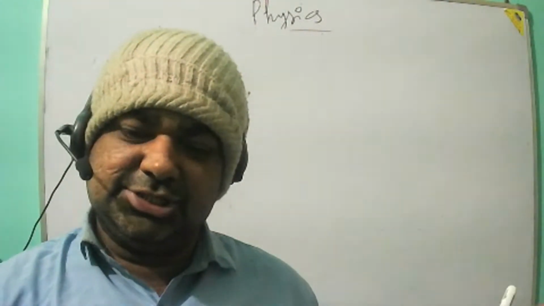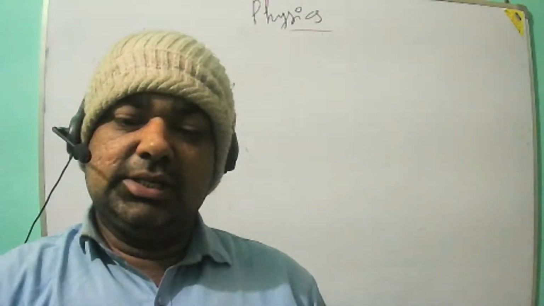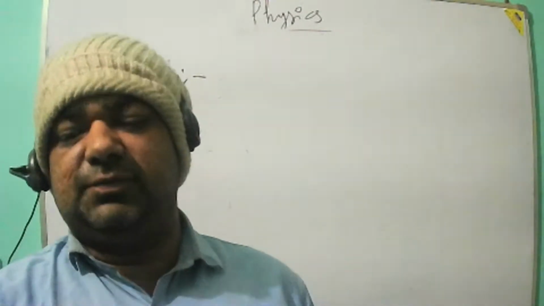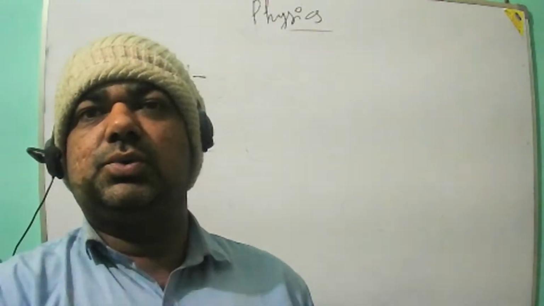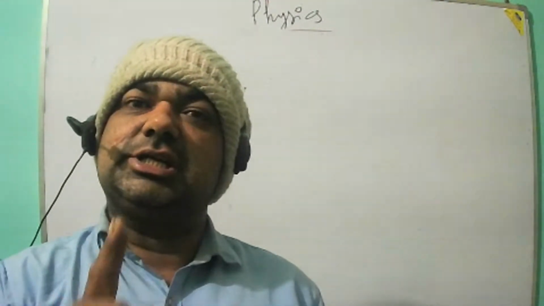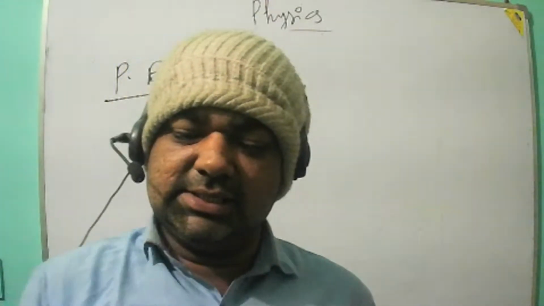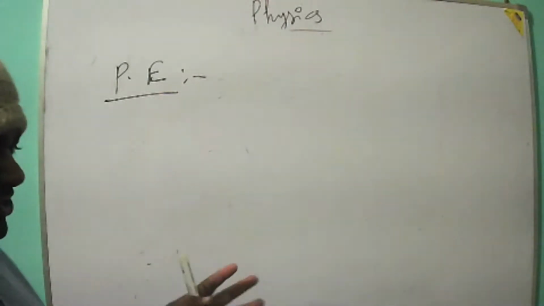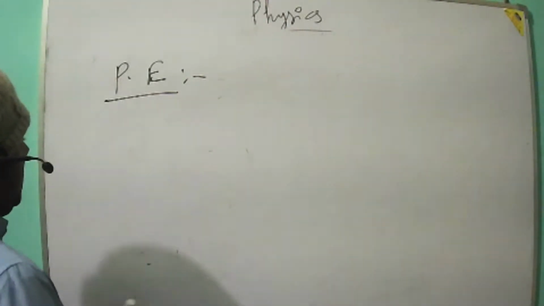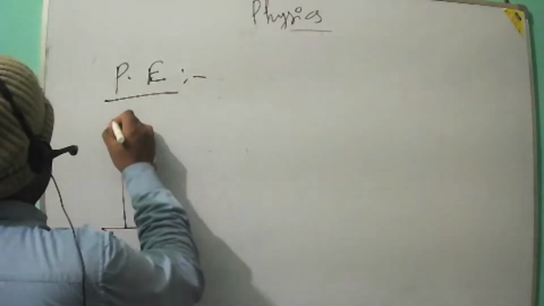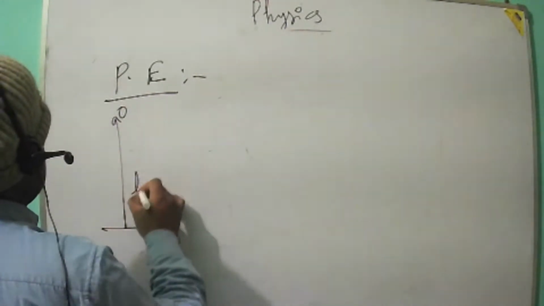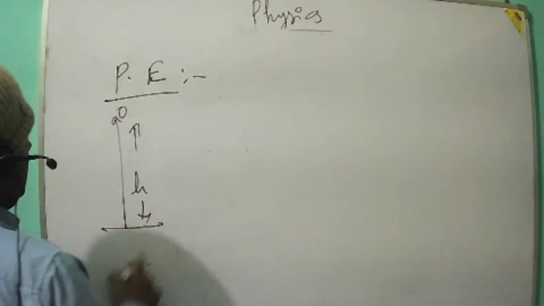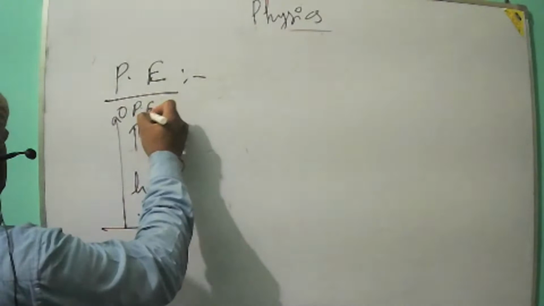The energy possessed within an object due to its position or configuration is termed as potential energy. Position concept is gravitational potential energy. Like if you keep any object at a certain height above the earth, potential energy here will be mgh.